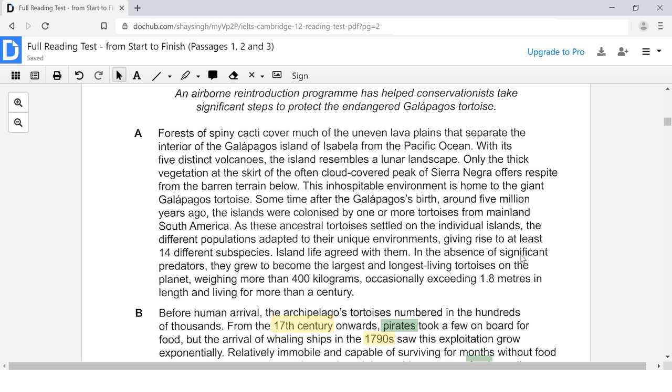Okay, so here it's talking about how in the absence of predators, these tortoises were able to grow to large sizes, and it's talking about their native habitat, the area in which they used to live. And here if you scan some keywords, you can see how it's talking about colonization, settling, population. So it's basically talking about how the tortoises used to be before human arrival.